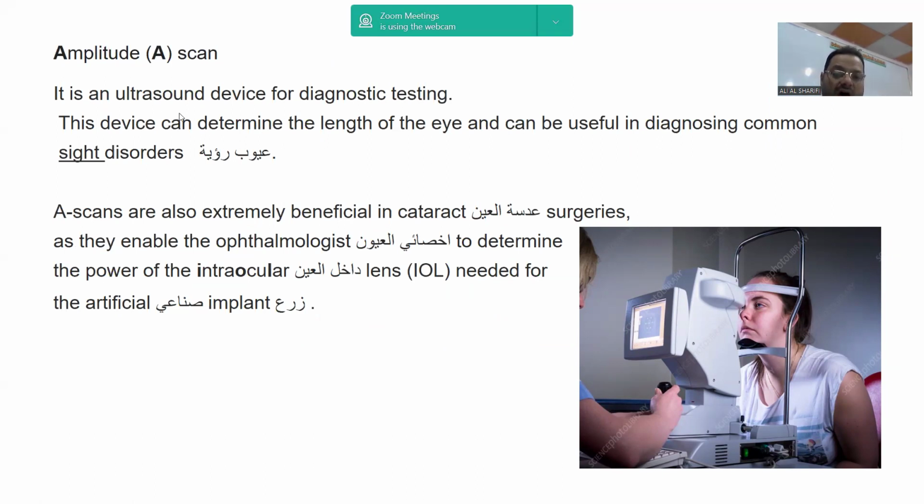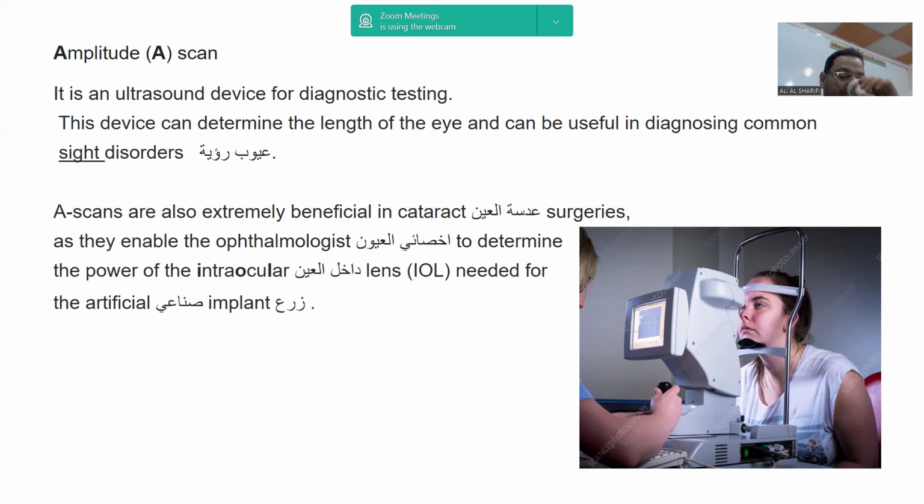It is an ultrasound device for diagnostic testing. Like here, the specialist works with this device, which can determine the length of the eye. Wow. It can be useful in diagnosing common sight disorders.